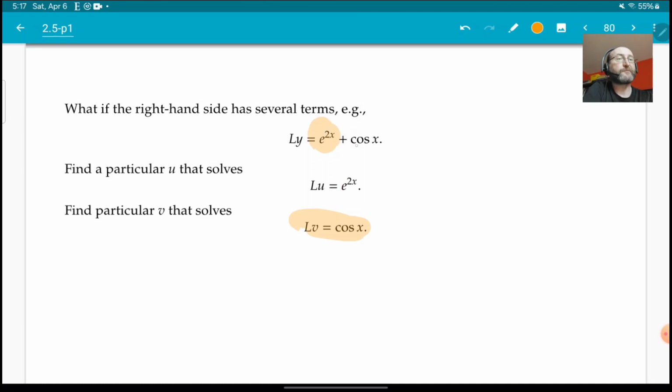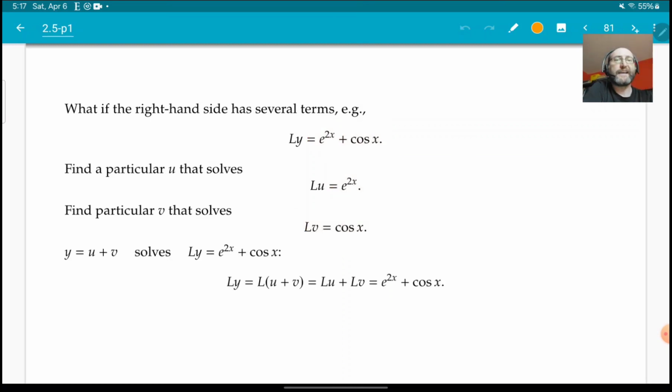We just split up the right-hand side into the two parts, and then we use linearity. If we set y to be u plus v, then Ly is L of u plus v, but L is linear, so it's L of u plus L of v, and L of u is 2x, and L of v is cosine x.